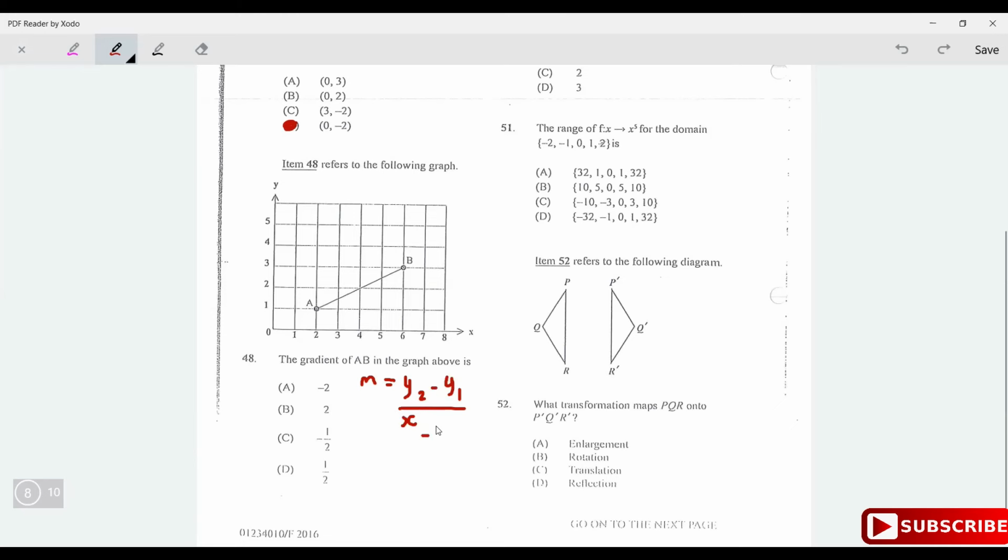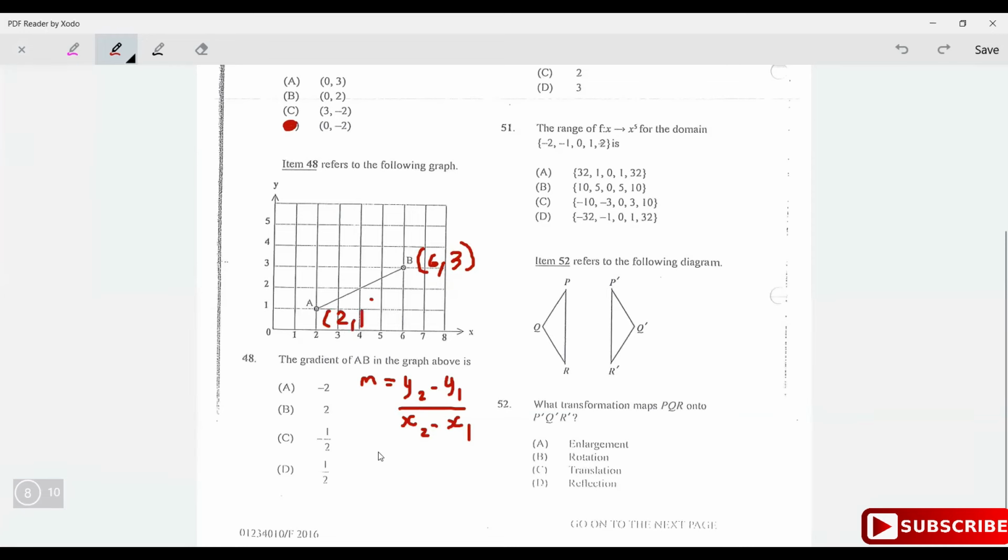That tells the steepness of the line. Now B has coordinates 6, 3. Now A has coordinates 2, 1.